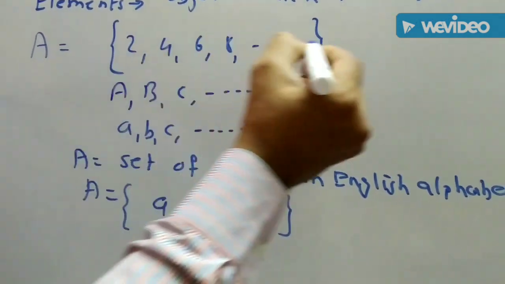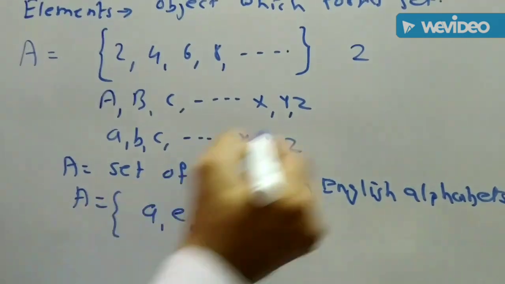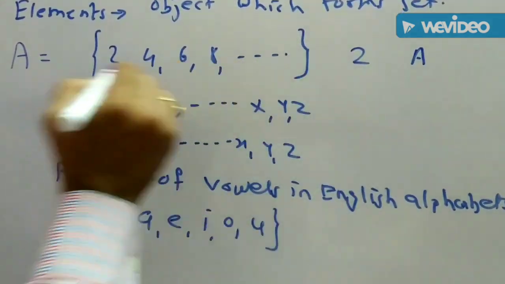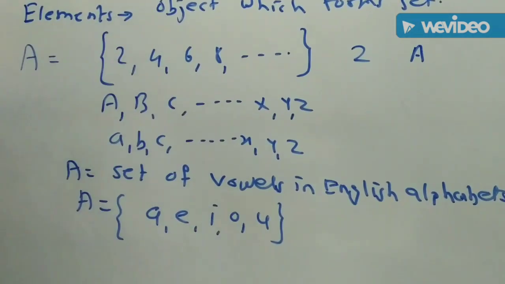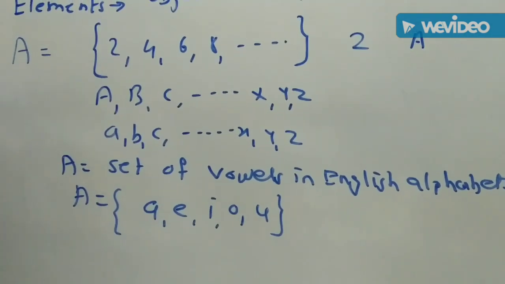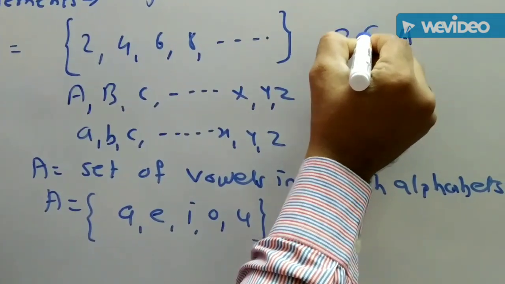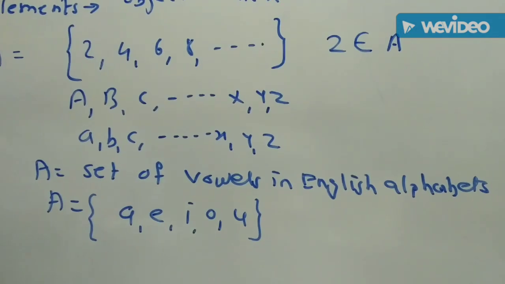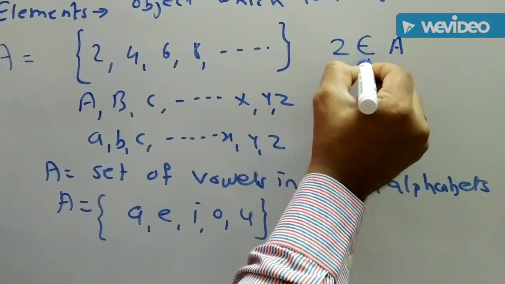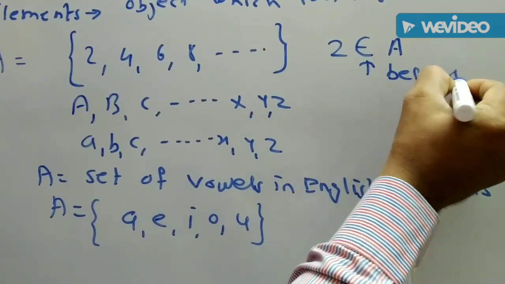Now suppose 2 is an element of set A. How do we denote it? For that there is a symbol like this, belongs to. This symbol is called belongs to.